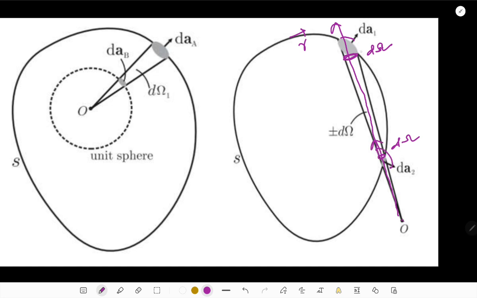So this solid angle is going to be plus and this solid angle is going to be minus, and so the net solid angle subtended by these two surfaces at point O will become equal to 0. And this is true for all other cones, and in this case we will always get a total solid angle 0. So these are the facts related with solid angle.